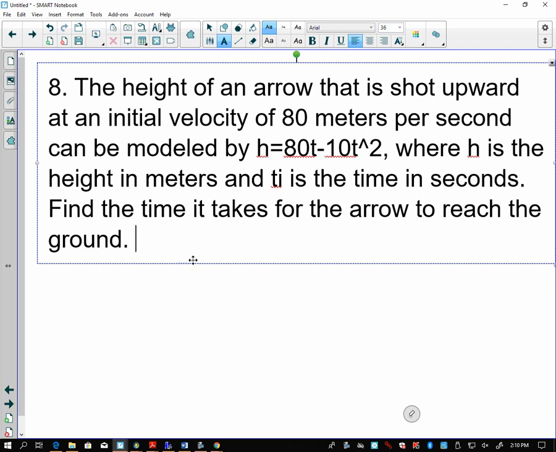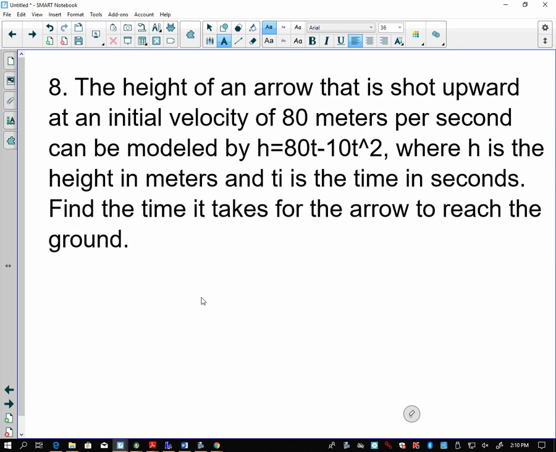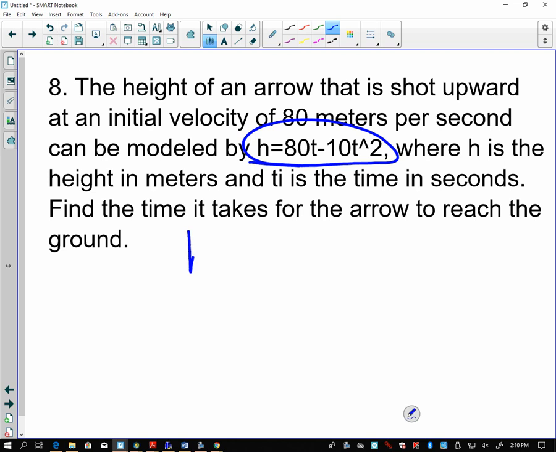Okay, what you're going to need here, a lot of people get this right, but they get it right because it's a total guess. Okay, so we are working with this. H equals 80t minus 10t squared. What I want you to think about in this is I want you to treat that just like a normal function. All we are doing here is we are factoring the function and solving for t.